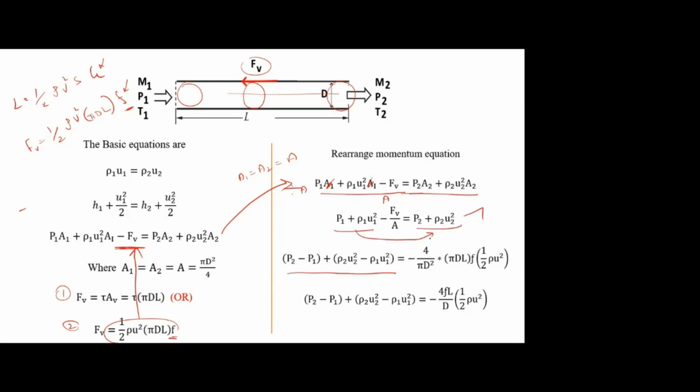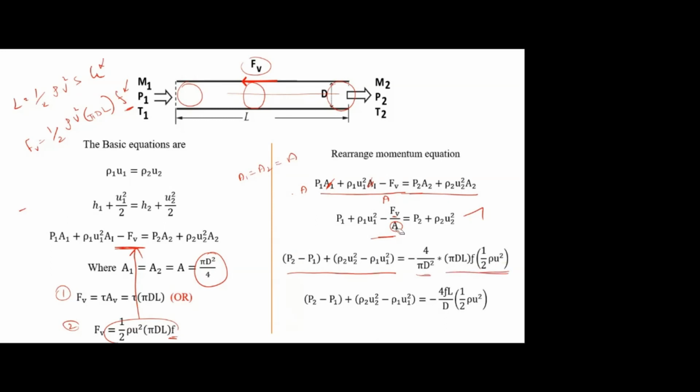Taking this term here, I'm getting P2 minus P1 plus rho 2 U2 squared minus rho 1 U1 squared. Then this side I'm having only minus Ff by A. So instead of A, I will substitute pi d squared by 4. Then instead of this Ff, I am substituting half rho U squared pi dl f.